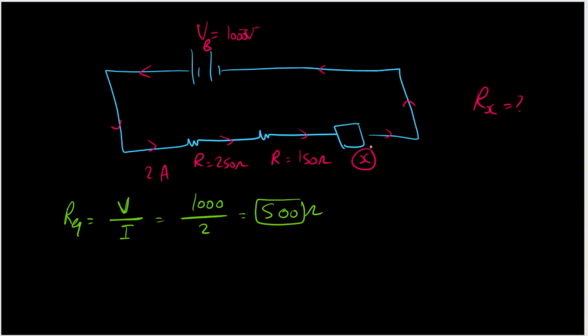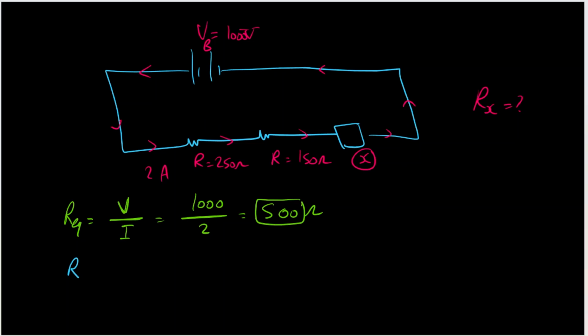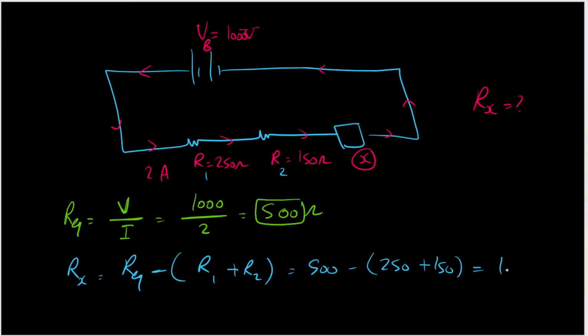The 500 ohm is the total resistance of the 3 resistors together. So to find the resistance Rx, you need to find R equivalent minus the 2 resistors. So it will be 500 minus 250 plus 150. So it will be 100 ohm.